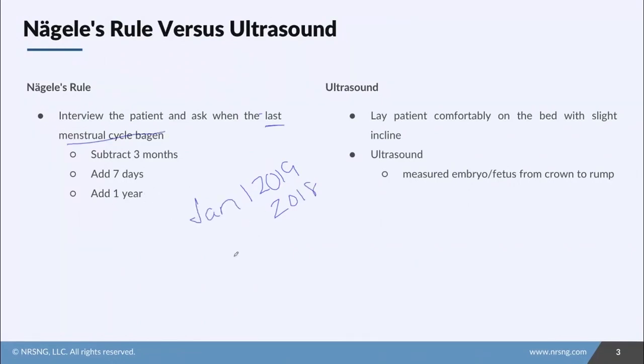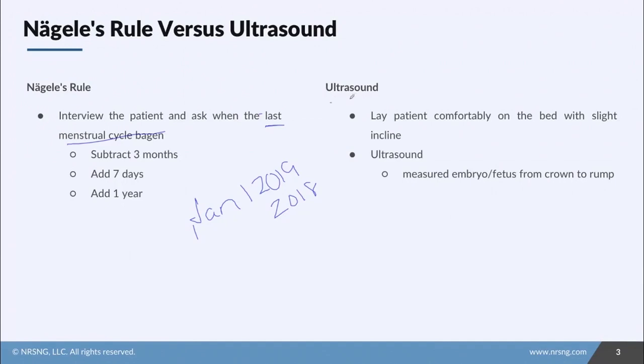Otherwise, you're going to end up with somebody that's been pregnant for like 2 years, which isn't going to be right. So just make sure you watch that, because that can get tricky on a test. If it's a January or February, even March baby, you want to take that year all the way back with you. Sometimes students forget to do that, and then it'll make the pregnancy far longer than what it really is, or what it should be.